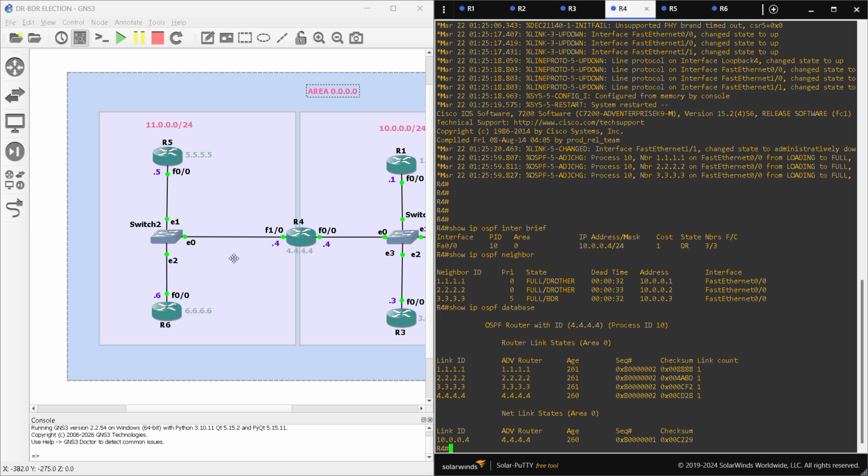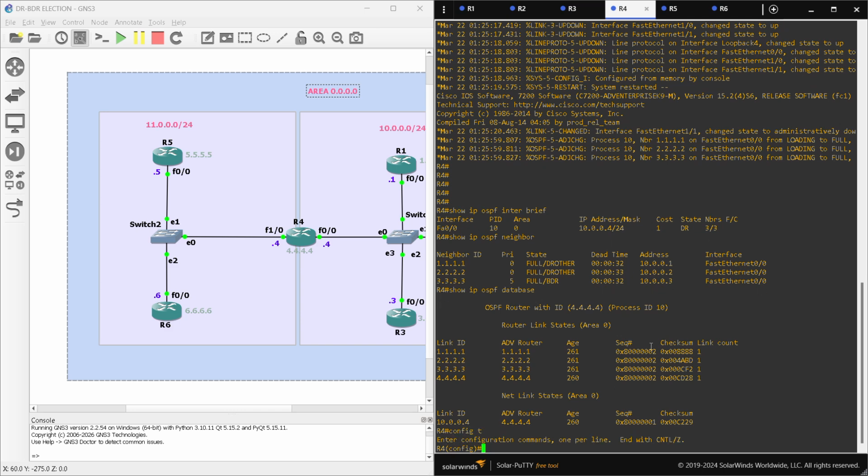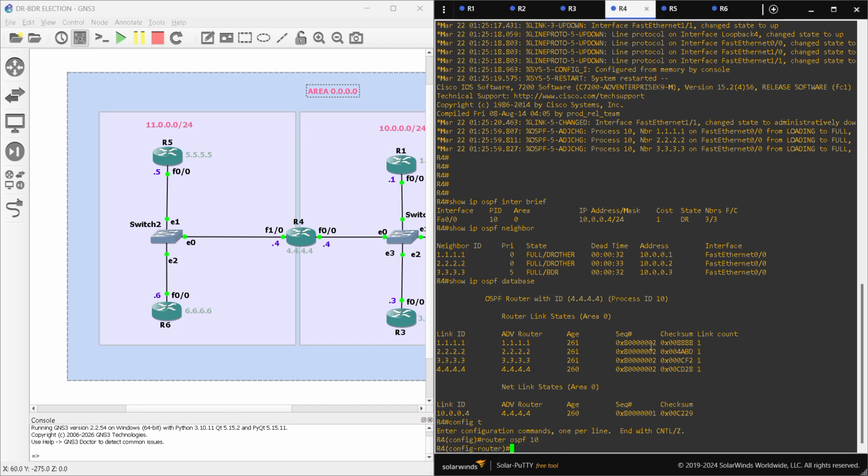Yes. So first I have to configure R5 and R6. For that, I have to start OSPF from this R4. So in R4, I'll go config terminal. After that, router ospf, process ID 10, and I'll give the network. Till this point, R4 has only information about network 10.0.0.0 and its OSPF.